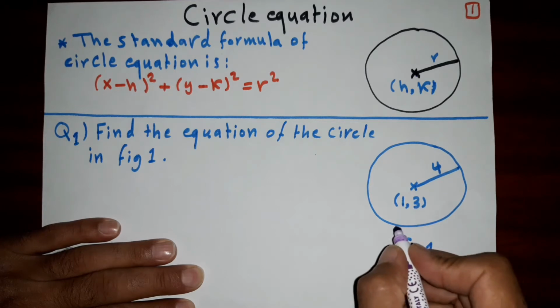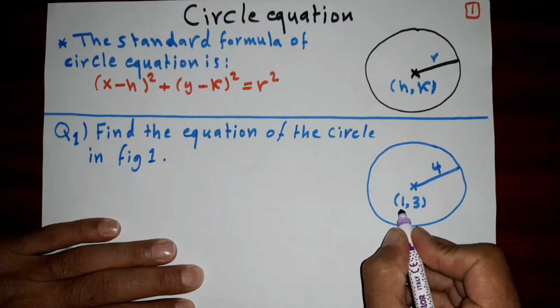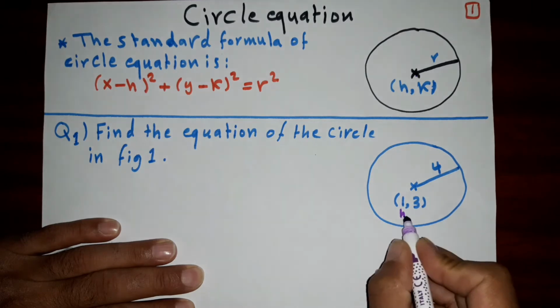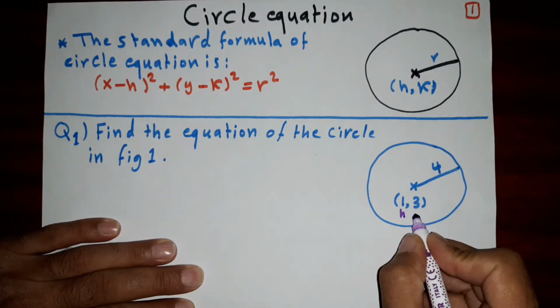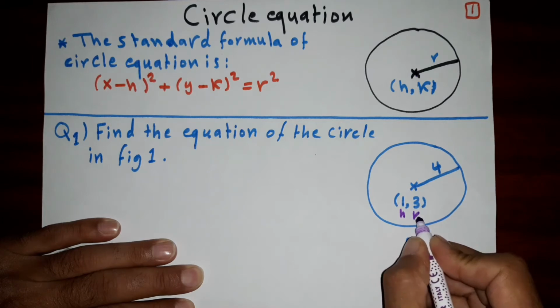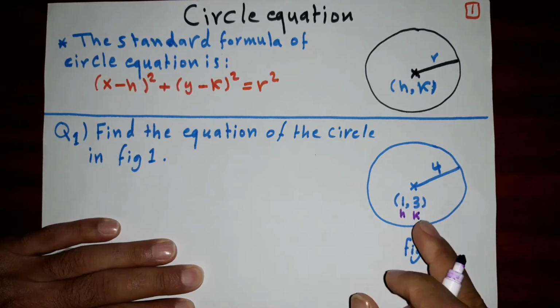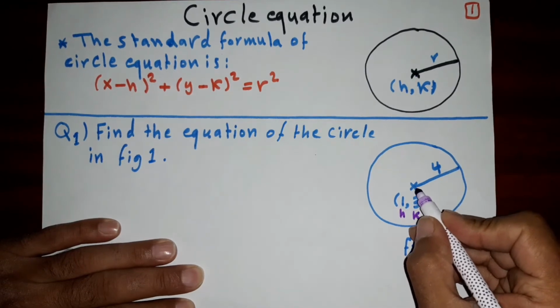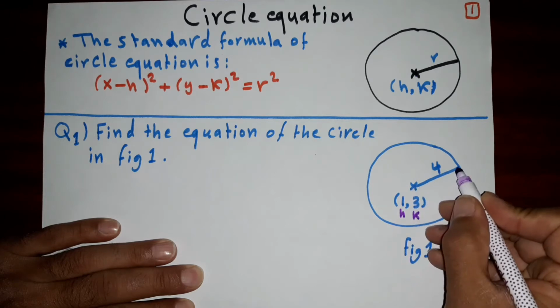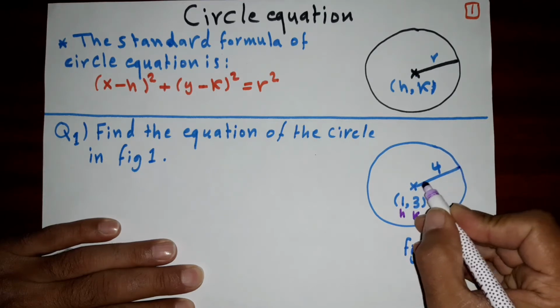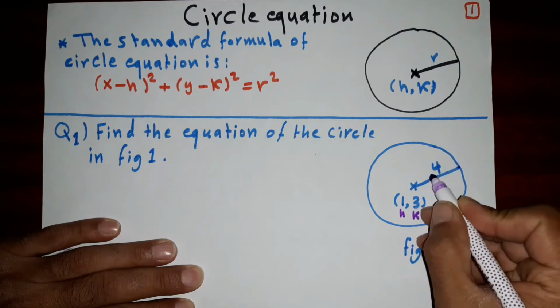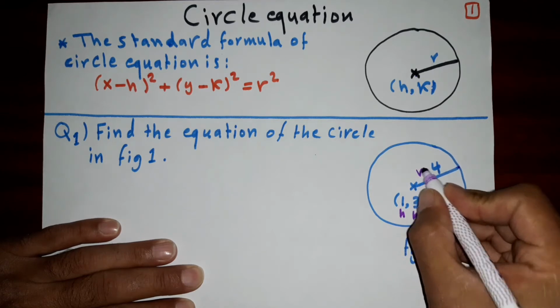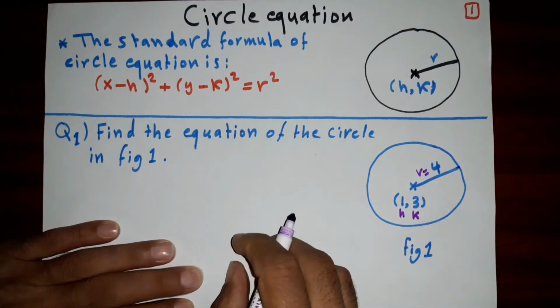We call x coordinate h equal 1, and call y coordinate k equal 3. And this is the radius, the line segment from the center to the circumference of the circle. The radius r equal 4.